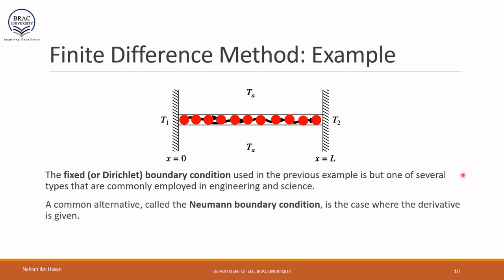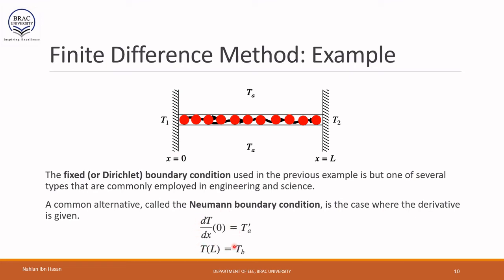But sometimes the fixed boundary conditions are not given. Rather, we are given the derivative of a boundary. Let's say at the boundary x equal to L, we are given a fixed temperature TB, but at the initial boundary, that means at x equal to 0, we are given the derivative of the temperature.